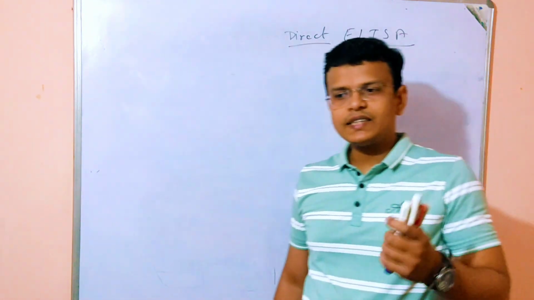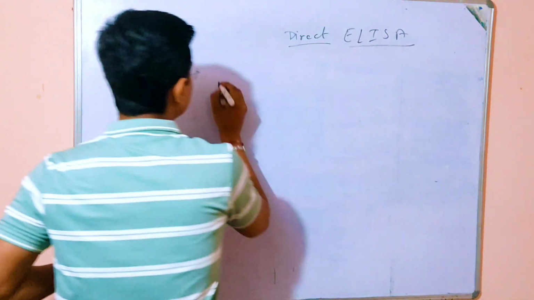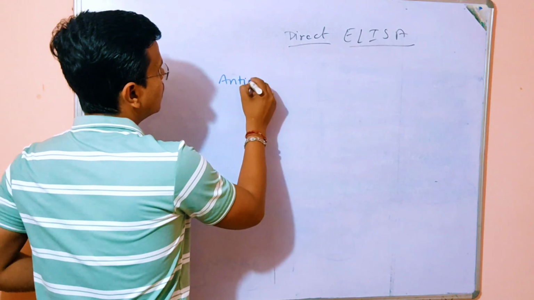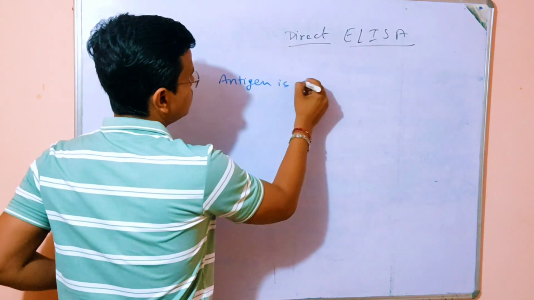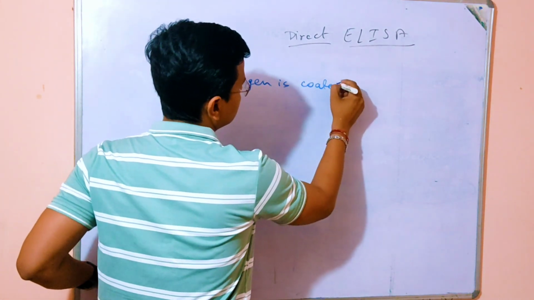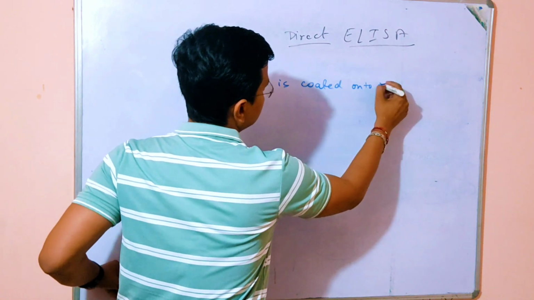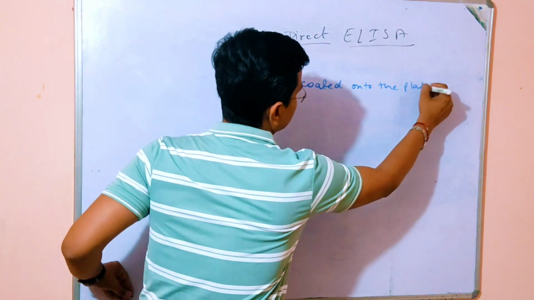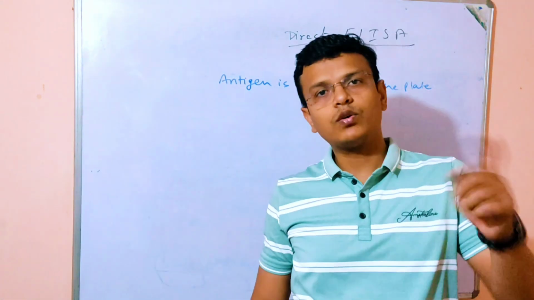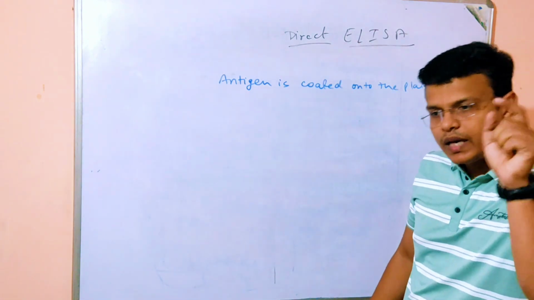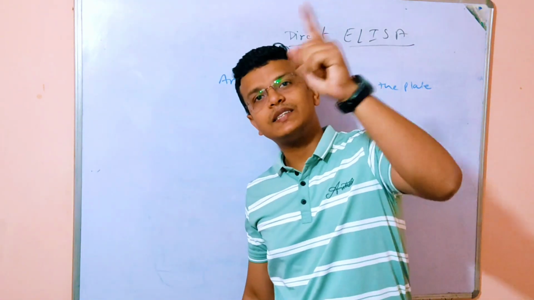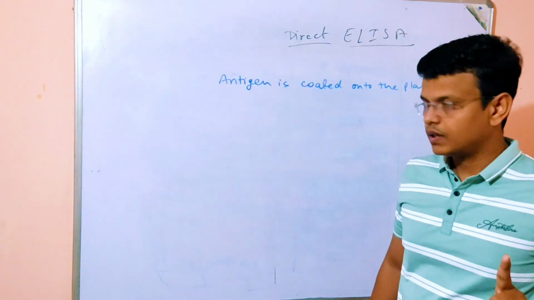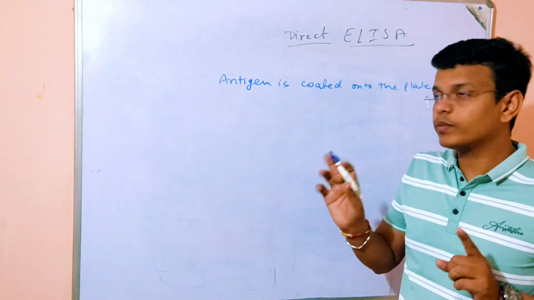In this process, antigen is coated onto the plate, already coated, and an enzyme-linked antibody binds directly to it. As I said, it is very easy to remember.